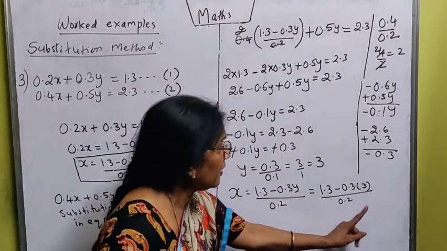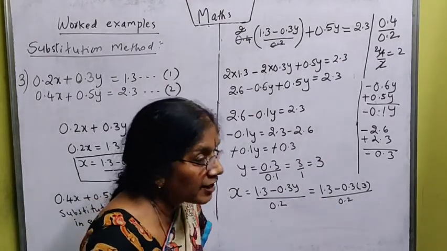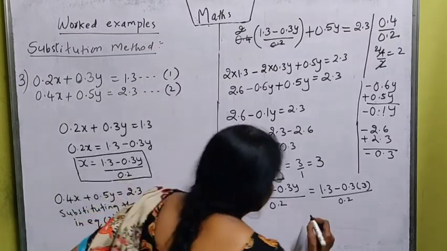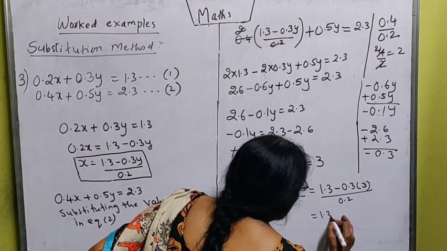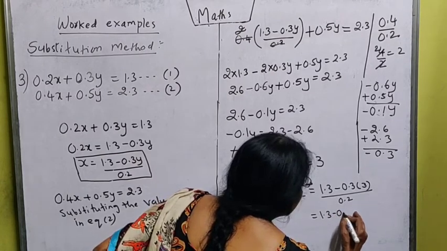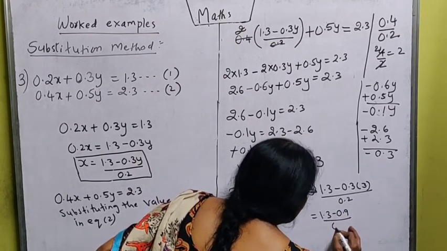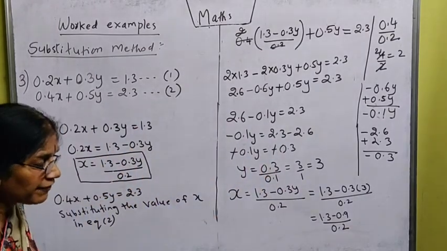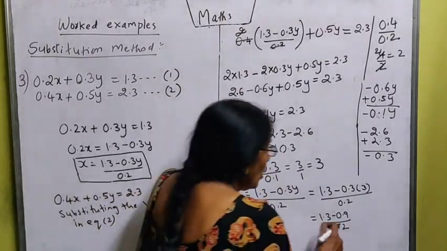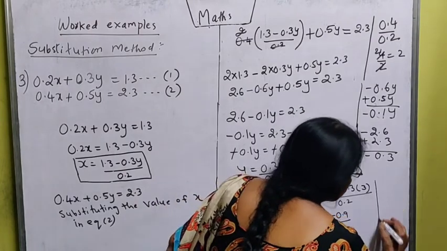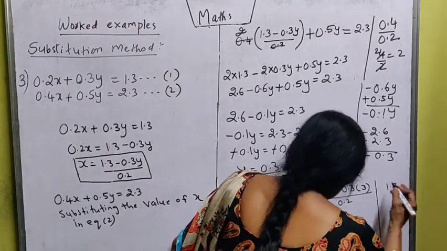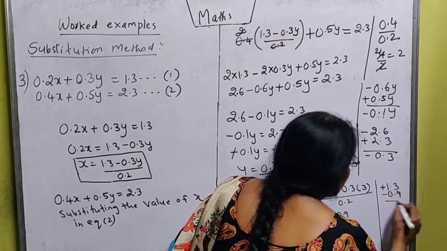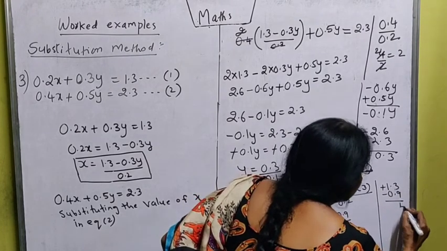Now same thing, 3 3s are 9. One place of decimal means it will become 0.9. So that is equal to 1.3 minus 0.9 divided by 0.2. So what will you get when you subtract? We will see here. 1.3 is a greater number, it is plus, minus 0.9. 13 minus 9 is 4.